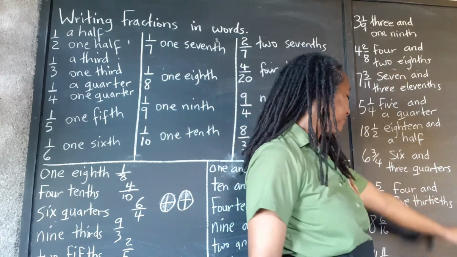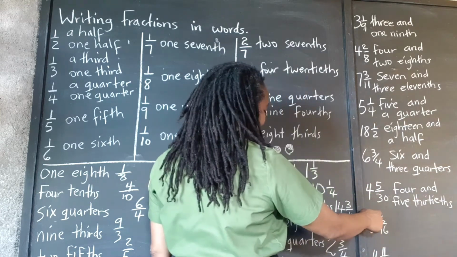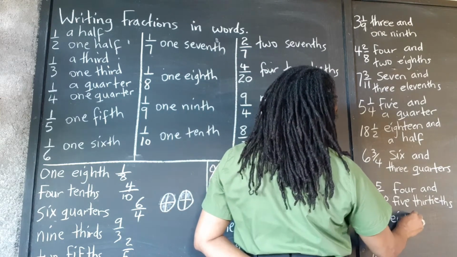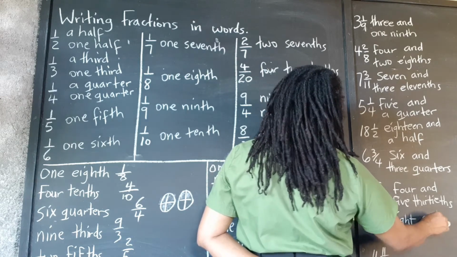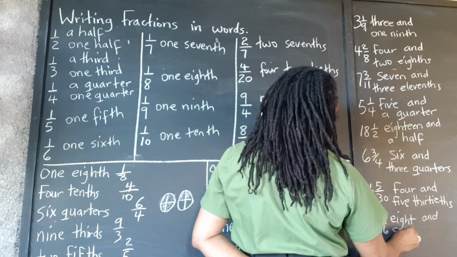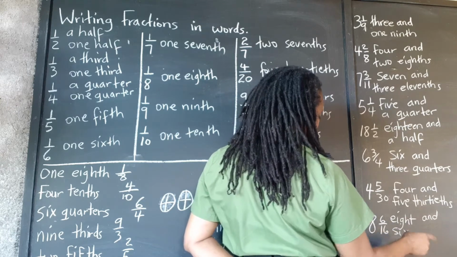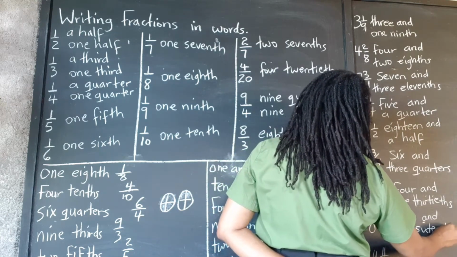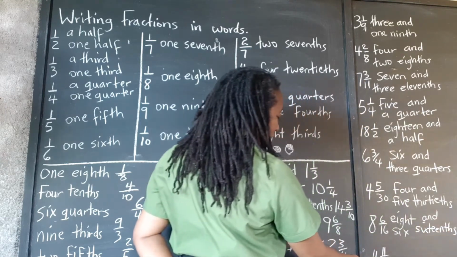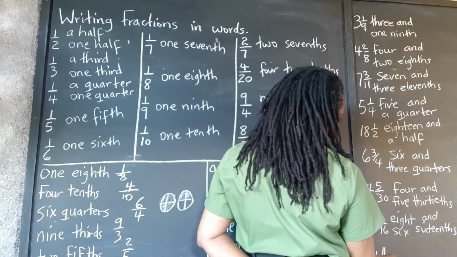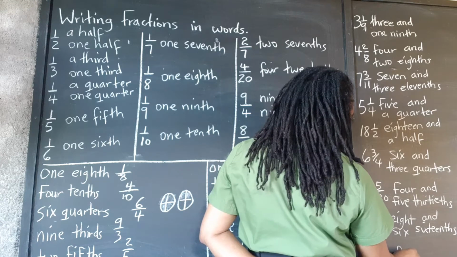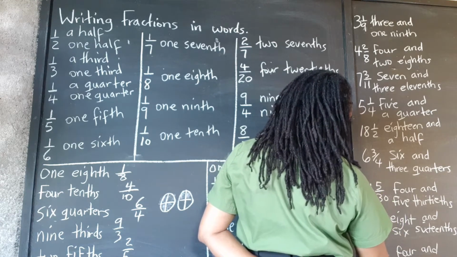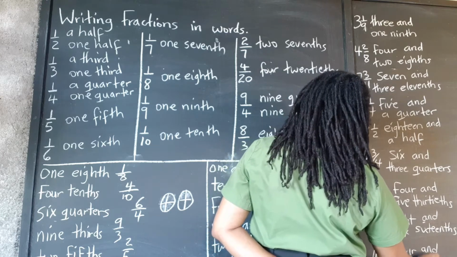Thirtieths. 8 and 6/16, so that's 8 and 6/16, sixteenths. And 4 and 11/13.